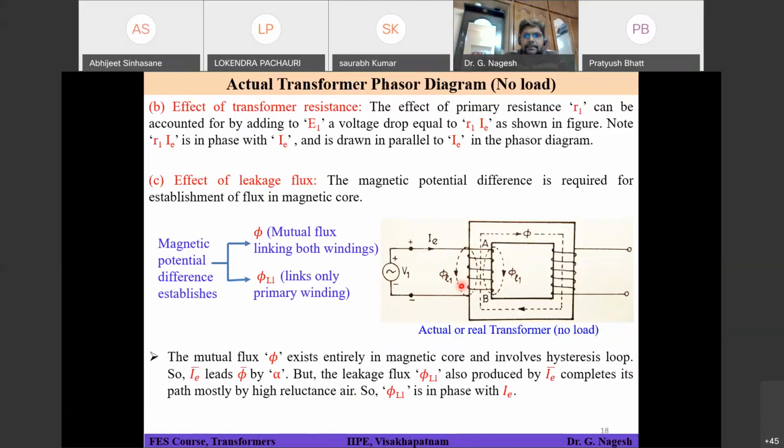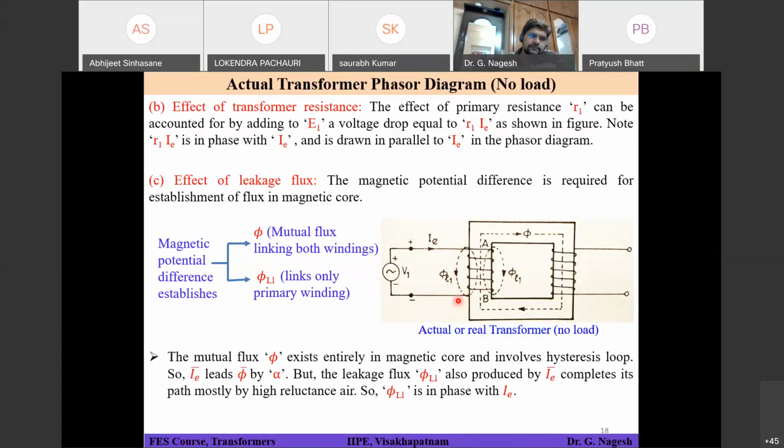You are understanding now? Yes, sir. Alpha is coming because of the relation between IE and phi, because it's a magnetic circuit. But for air, it will be very high reluctance, and very high reluctance means it will be in phase with excitation current IE only.